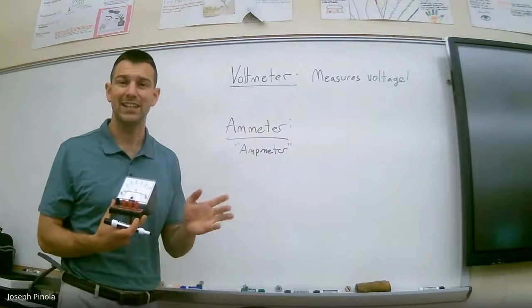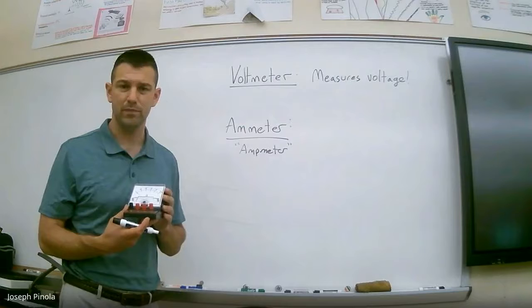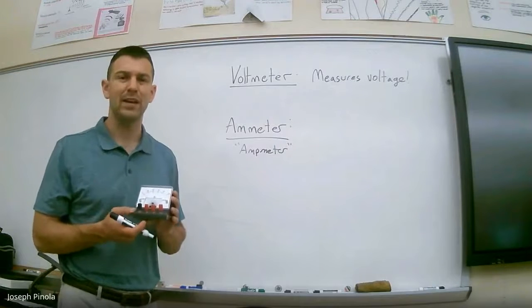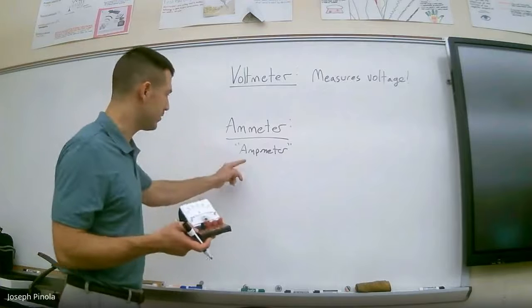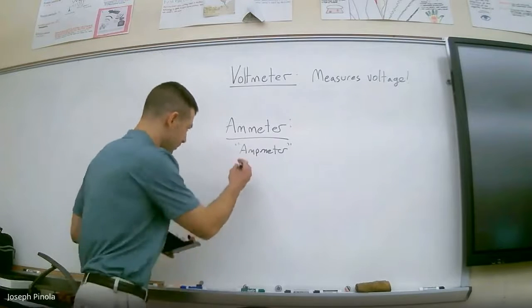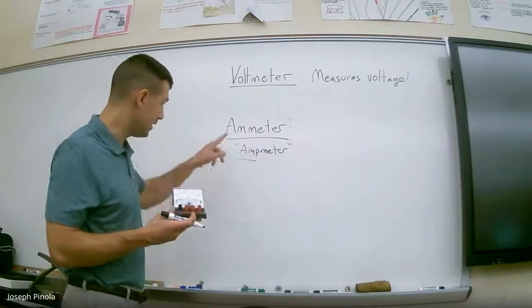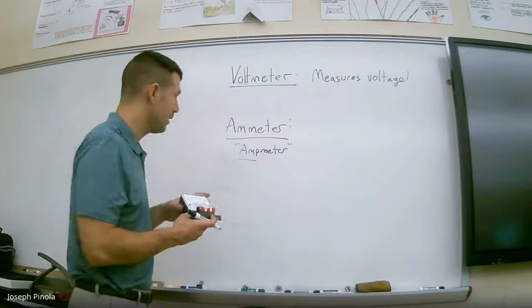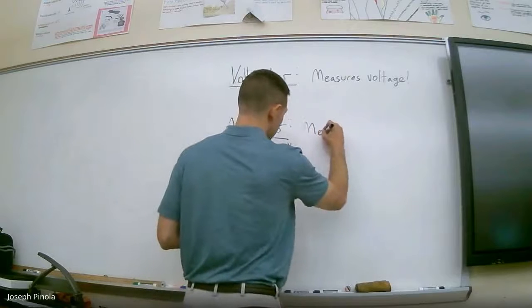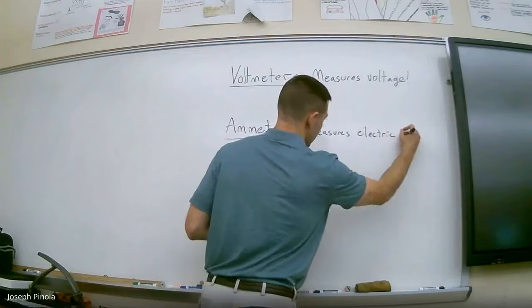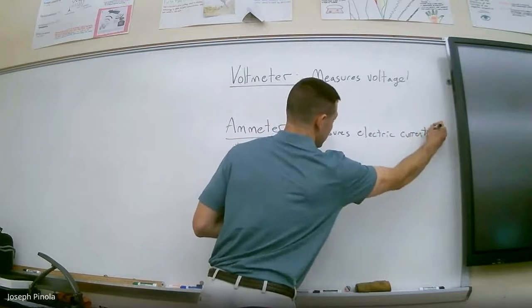I'll give you a hint. Think about units. If you said electric current, you'd be correct. That's because electric current is measured in the unit of amps or amperes. So an ammeter, yes, it is spelt like this, measures electric current.